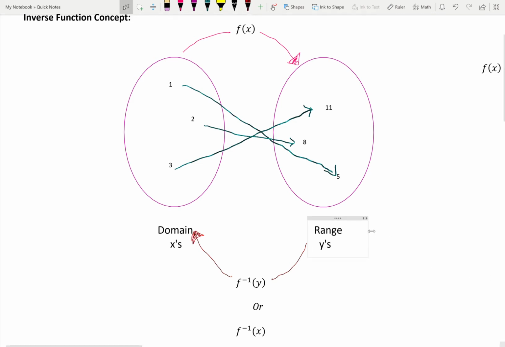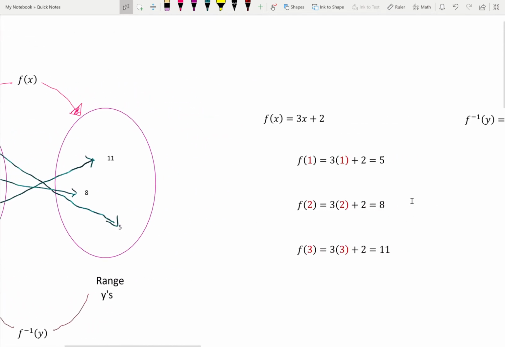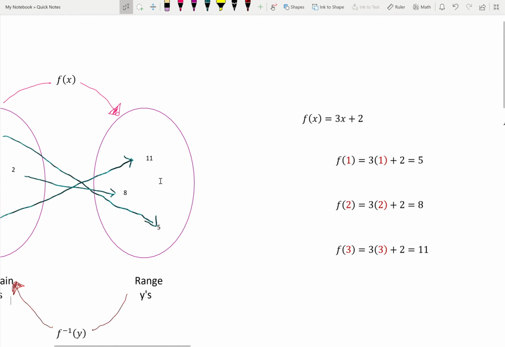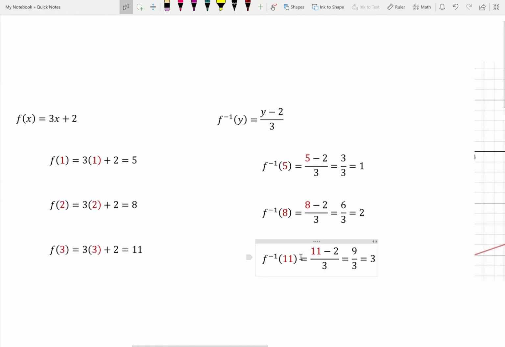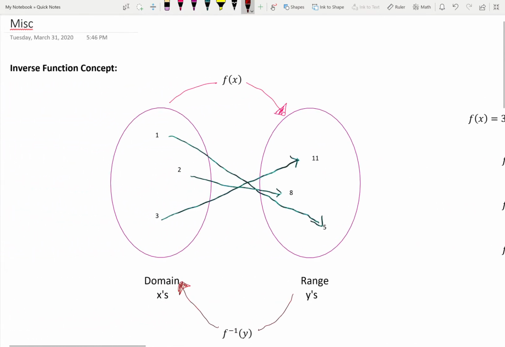So for example, if I take the inverse function of the example we were just looking at, and I take this number 11 right here and put it into its inverse function, I get out a 3. So it's taking 11 and mapping it to 3.